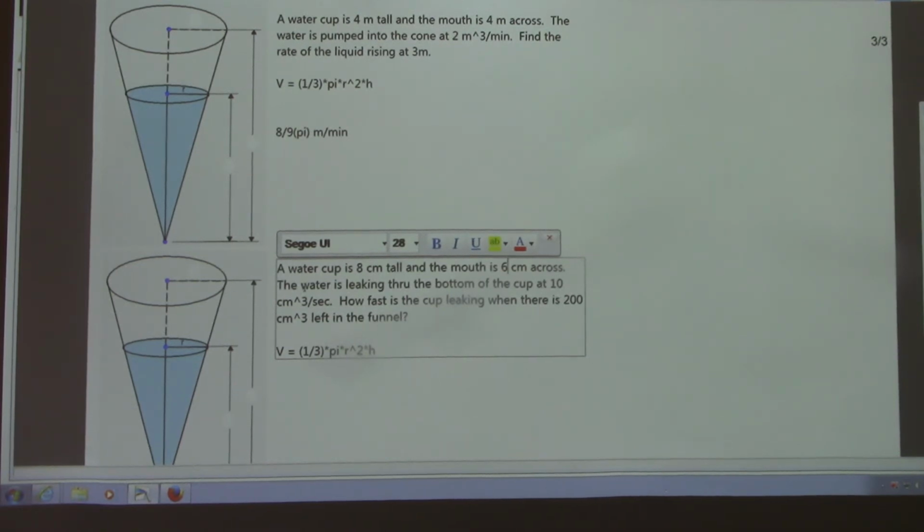Water is being pumped into the cone at 50 cubic centimeters per second.